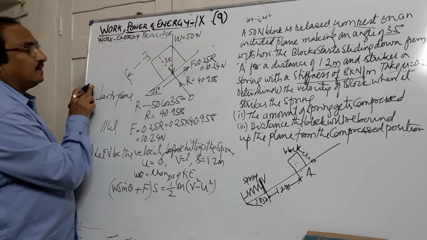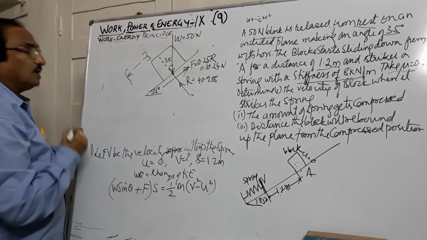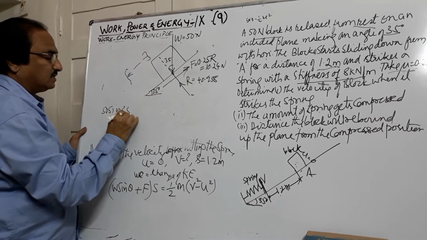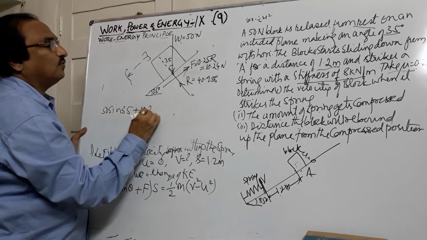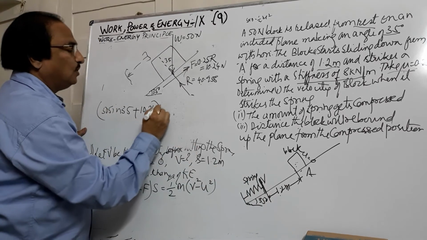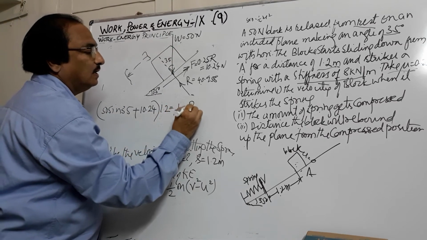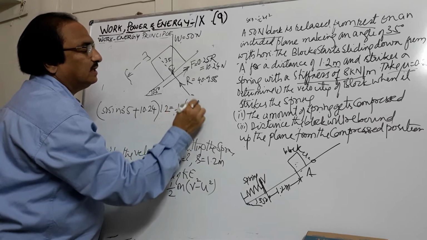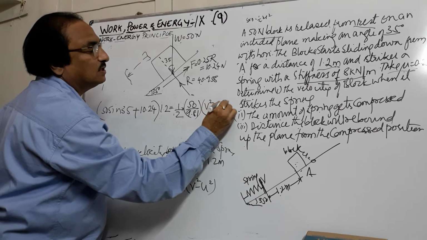Suppose if I use this here, W is 50 sine theta, theta is 35 degrees, plus F, value of F is 10.24, into the distance it is traveling, 1.2 meter, is equal to half of the mass of the block, which is 50 divided by 9.81 in kgs, into v square minus initial velocity is 0.